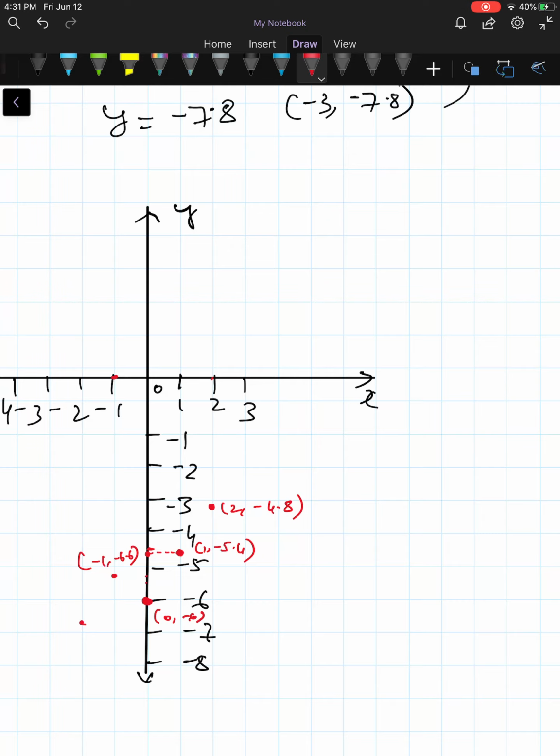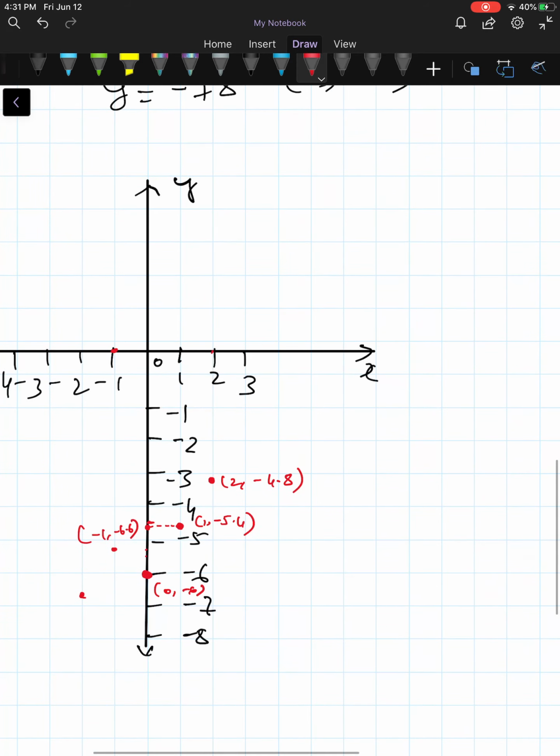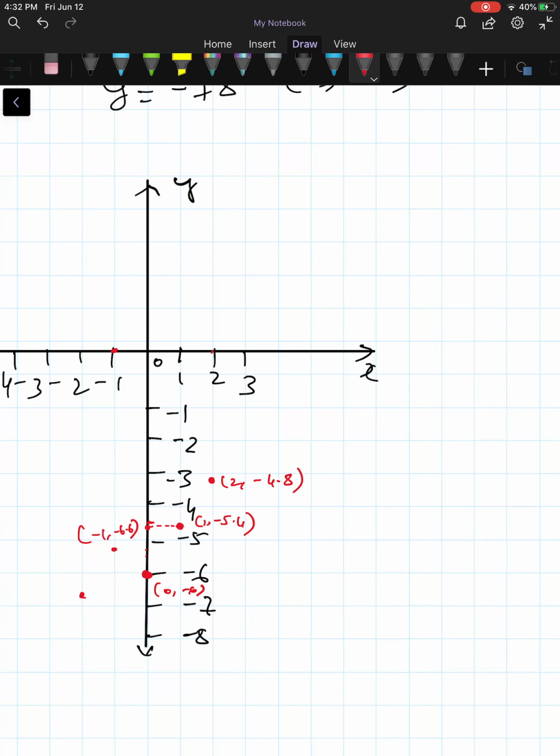That would be somewhere here. And (-3, -7.8). Okay, 7.2 was wrong. So it is somewhere here, and 7.8 is somewhere here.